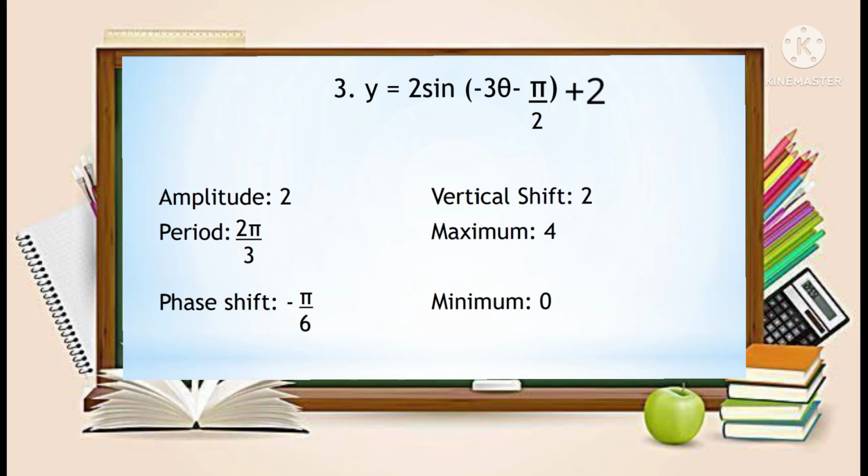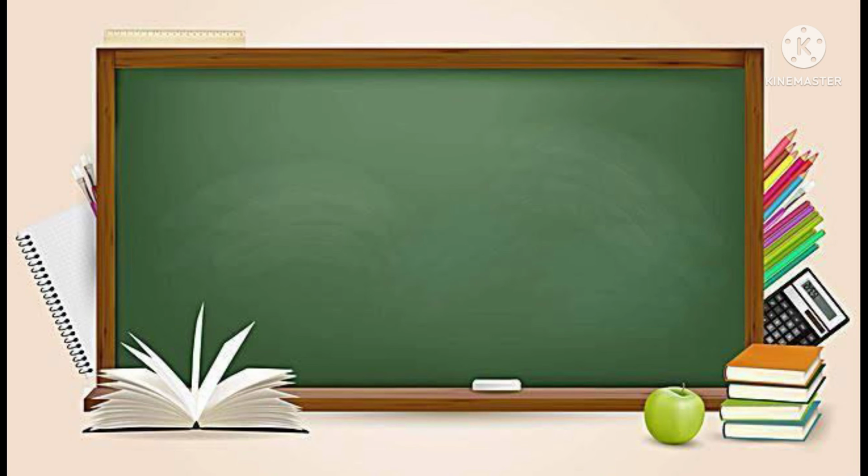Here is the final answer of number 3. y equals 2 sine of negative 3 theta minus pi over 2, plus 2. Amplitude, we have 2. Period, 2 pi over 3. Phase shift, we have negative pi over 6. Vertical shift, 2. Maximum, 4. And minimum, 0.